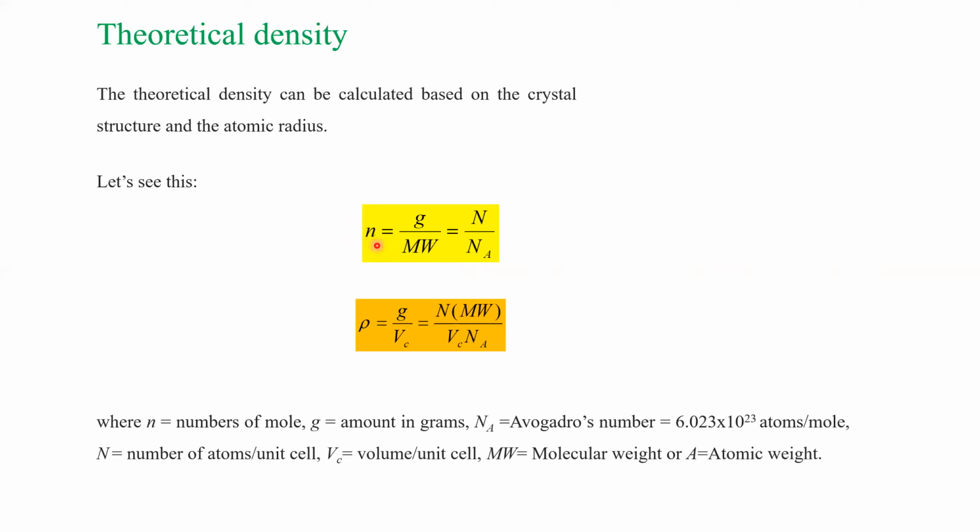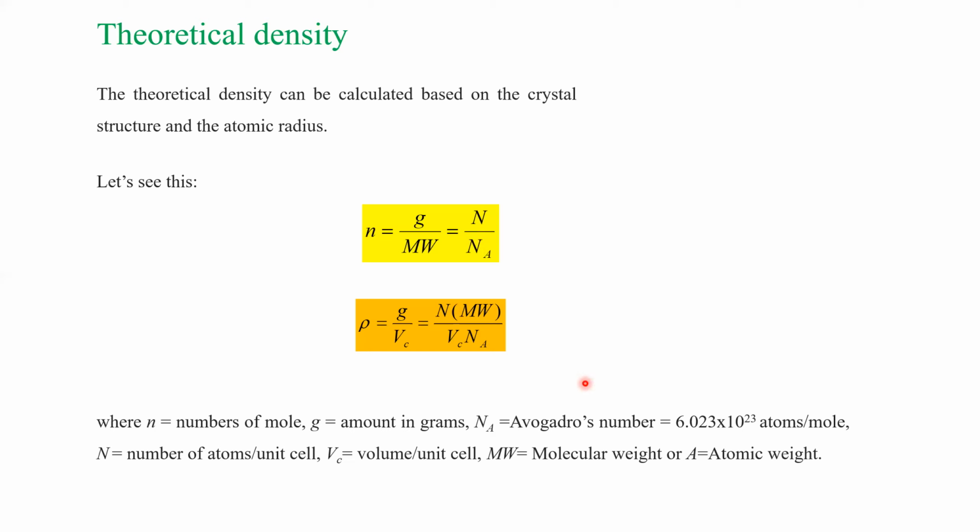The number of moles is defined as the amount in grams divided by the molecular weight, and it equals the number of atoms divided by Avogadro's number, N sub A.